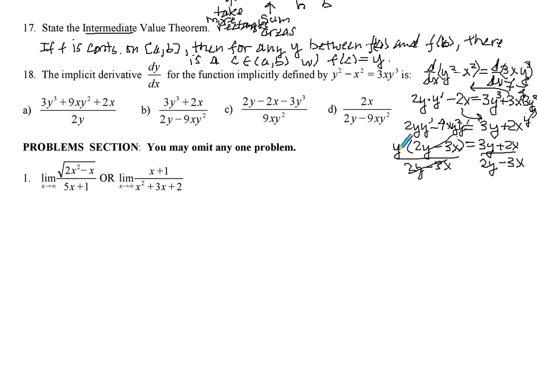So then when we factor the y prime out, we'll have the 2y left, but then we're going to have 9xy squared right here where there's a 3x. And then also down here is going to be the 9xy squared, and then also here is going to be 9xy squared.